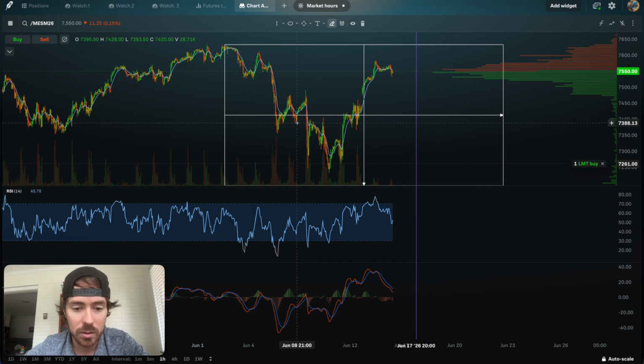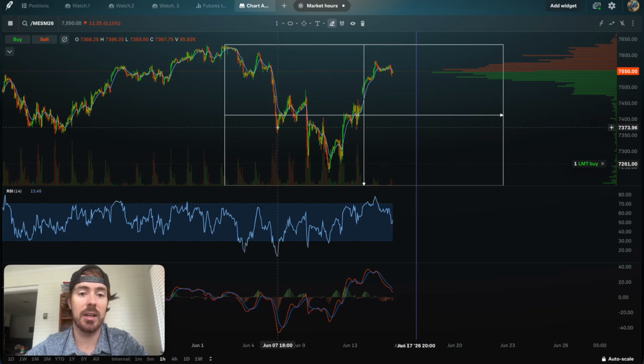So June 9th, I would have bought this one over here, but by the time I checked the market, it was already here. So this is where I'm not interested in buying, because the 50% pullback already happened. And you can see the RSI right there is right on the 50 line. It's so averaged out, it's not even funny.